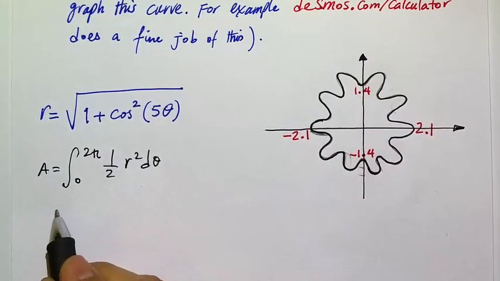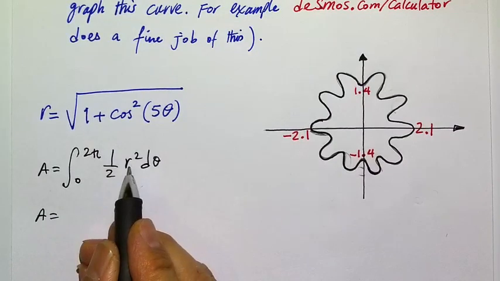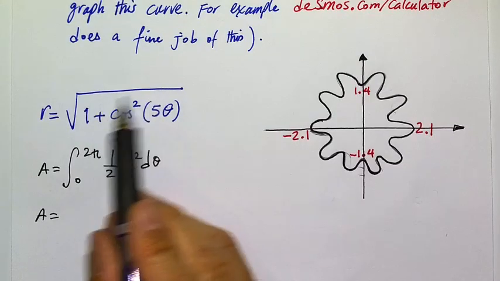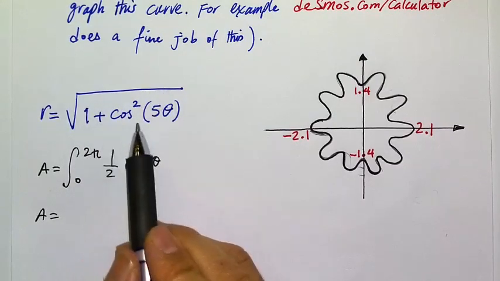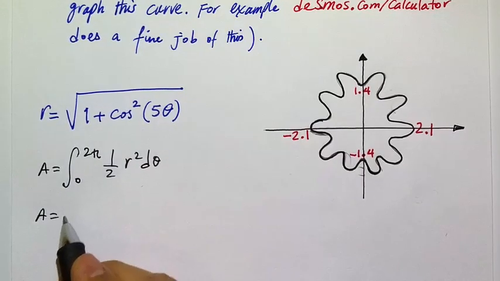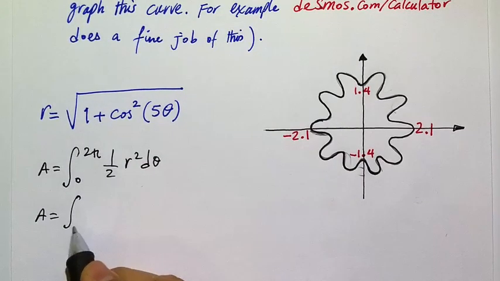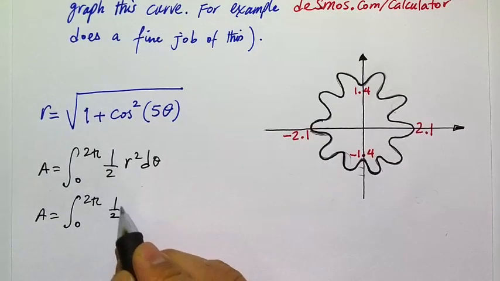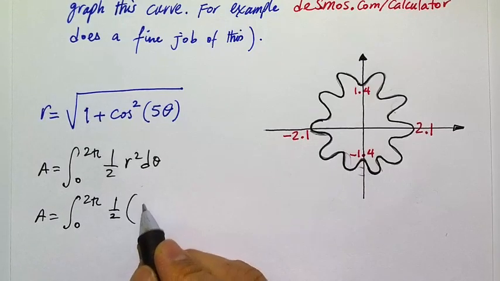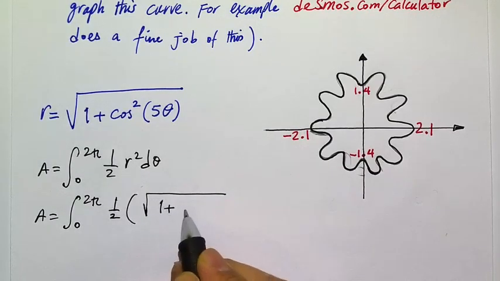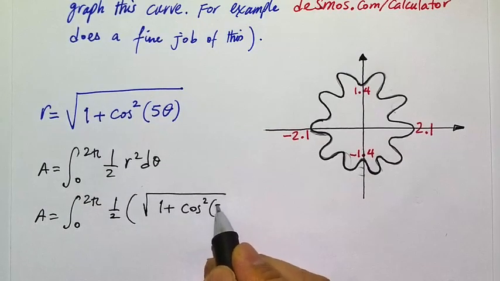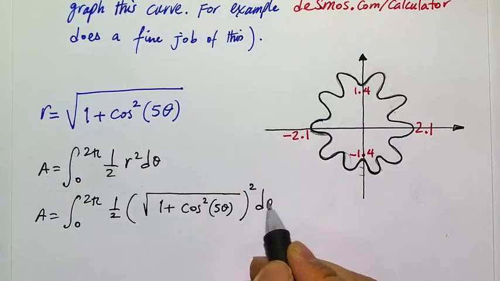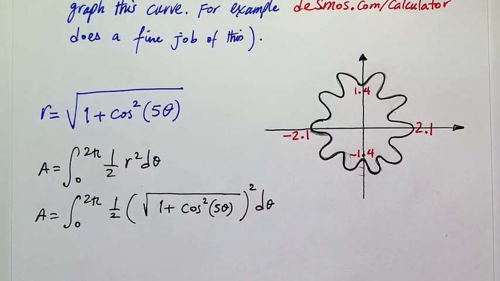All right, so let's substitute for r squared. This is, of course, a square root. When we square it, this will go away, and we're just going to have 1 plus cosine squared 5 theta. But let me just simplify it to that. So 0 to 2 pi, 1/2 times square root of 1 plus cosine squared 5 theta d theta.